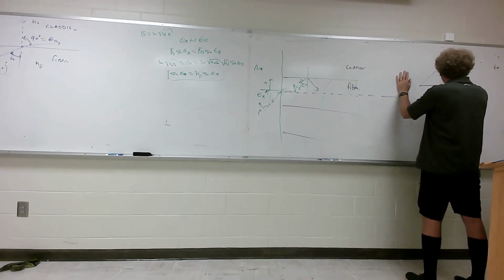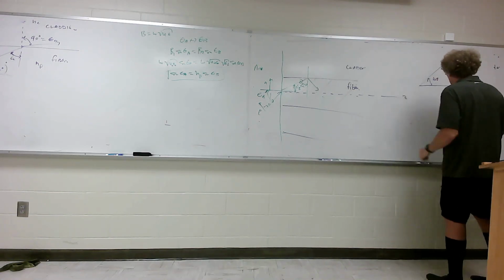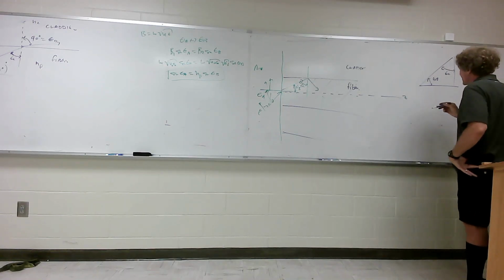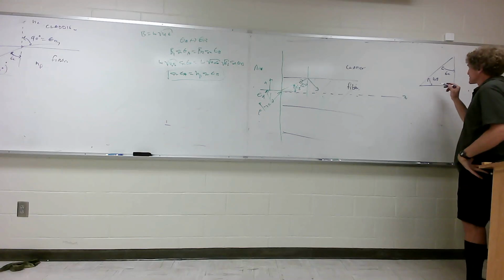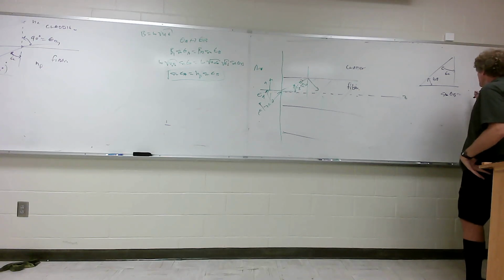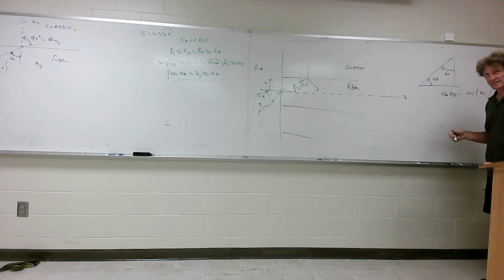And this is theta C, and this is theta B. Right? Now, if I look at this, the sine of theta B is equal to cosine of theta C. If you look at that. Isn't that right?